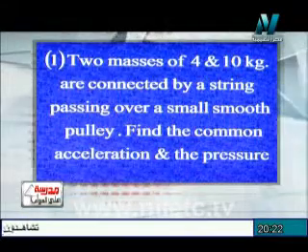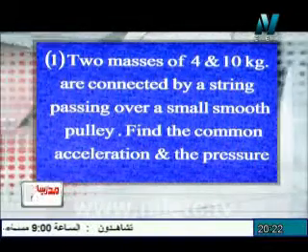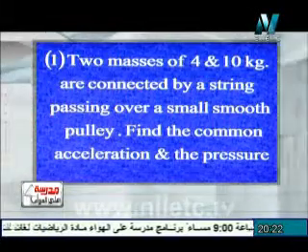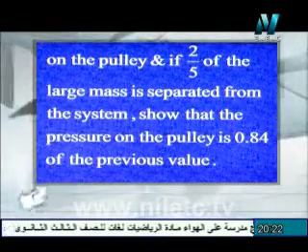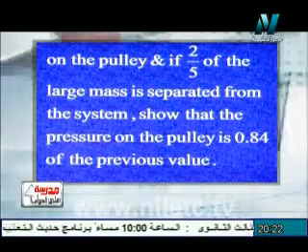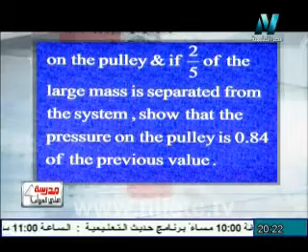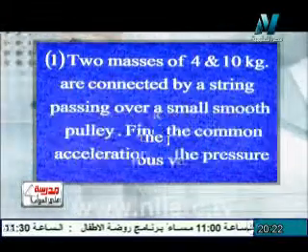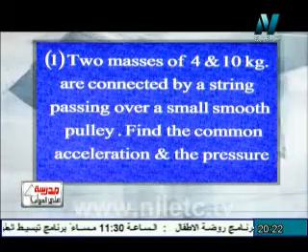Find the common acceleration, which is the acceleration of the system, and the pressure on the pulley. If 2/5 of the large mass is separated from the system, show that the pressure on the pulley is 0.84 of the previous value.